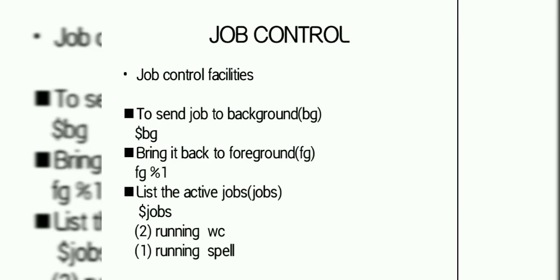Job control. We can use job control facilities to manipulate jobs so that we can send a job to the background, bring it back to the foreground, and use the jobs command to list the active jobs. Word count and spell commands are shown in the example.